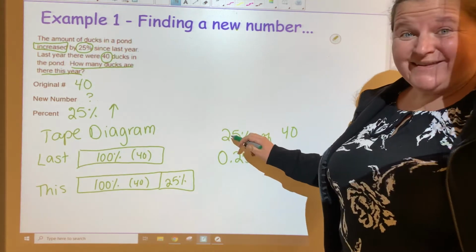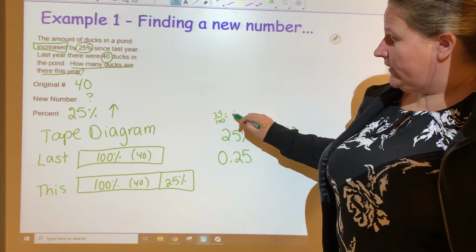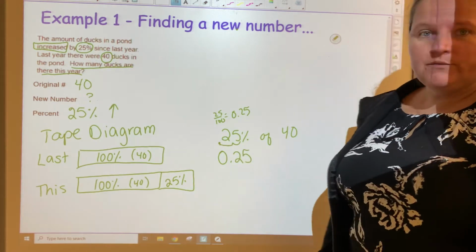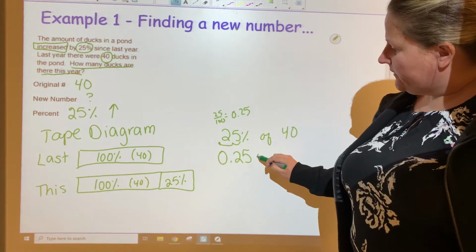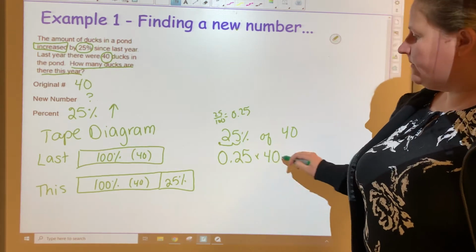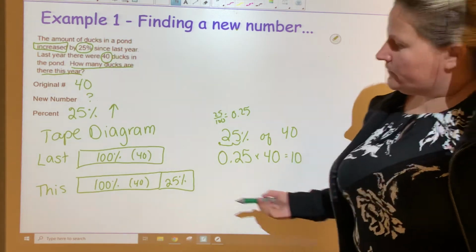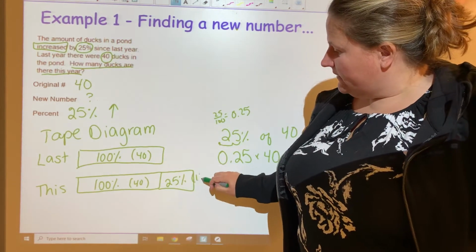You can divide that. 25 over 100 is what that means to find my decimal. I could also move my decimal point over too, whichever way works best for me. But I'm gonna write it as a decimal. Of means times, and I'm gonna times it by 40. This gives me 10. So that means that my part that I added on here is 10 ducks.